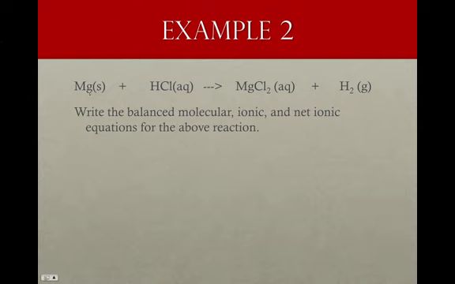So we have to balance this out first. This is our molecular, but we have to balance it out. So the magnesium is balanced here because we have 1 magnesium on the left side, 1 magnesium on the right side.